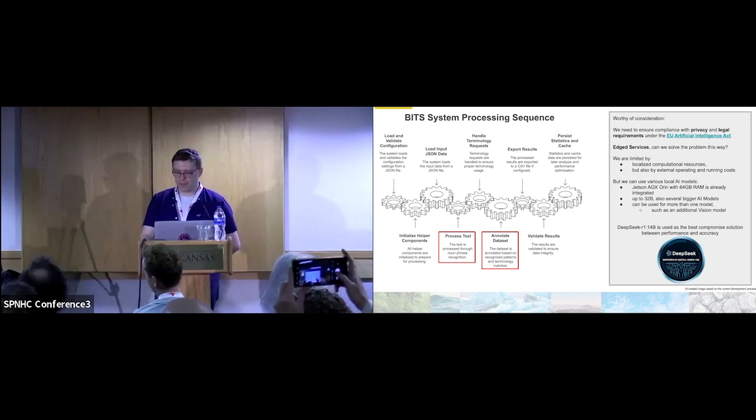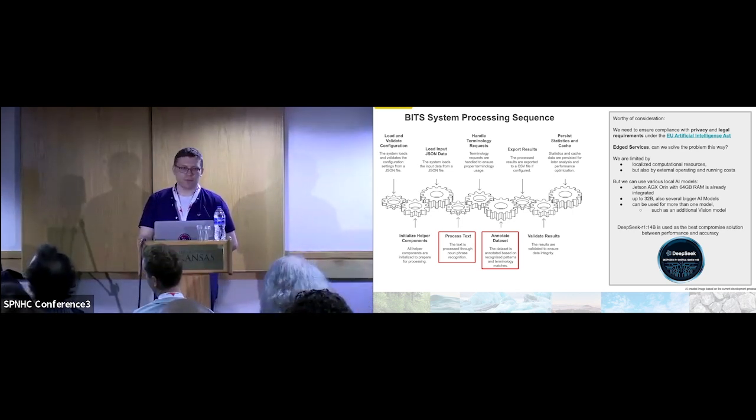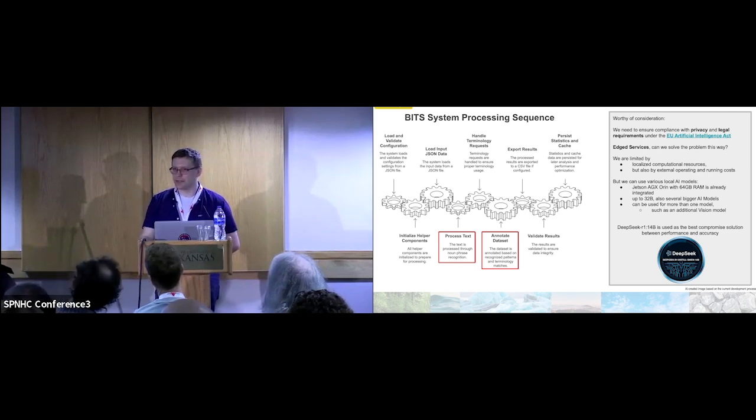So currently it's better to work at the edge. Especially, of course, we have to publish our data, but we have to do that after publication. Before publication, we cannot provide our data to anyone's service like ChatGPT, DeepSeek, or something else. So we have to use our localized computational resources.